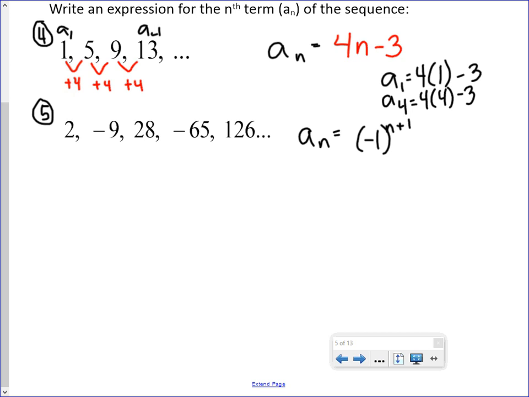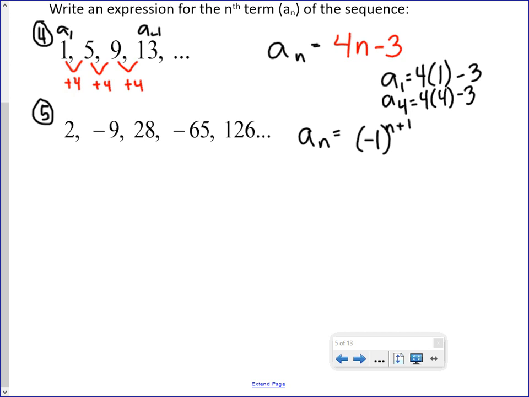And now I just am focused on the numbers 2, 9, 28, 65, 126. Was anybody able to find a pattern for those numbers? It's n cubed plus 1. What n cubed is your perfect cubes, right? I said, look at your warm-up.